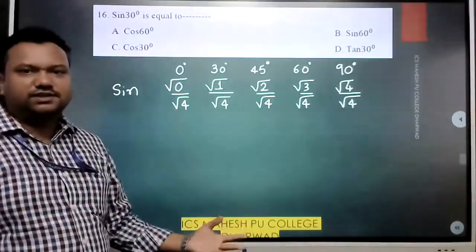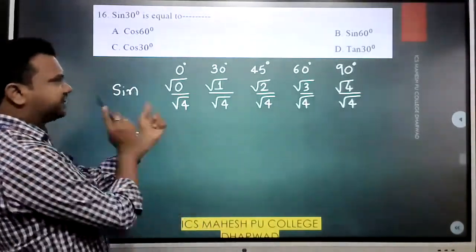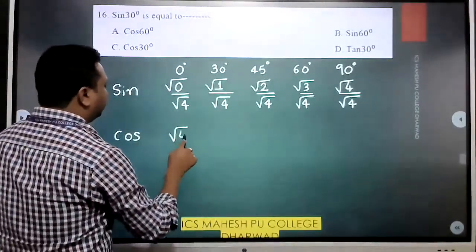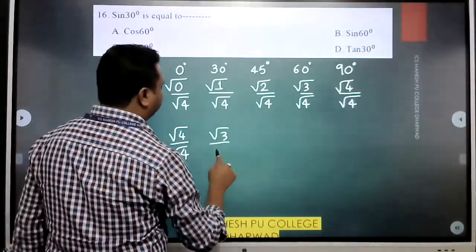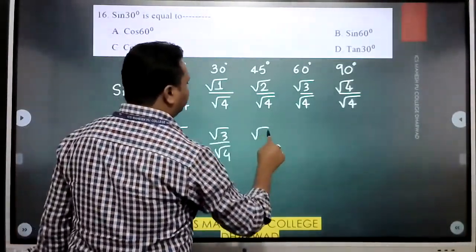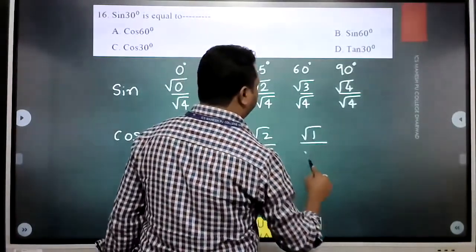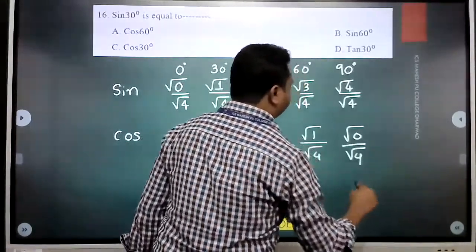Now, what is the interesting thing for the cos function? Just reverse all the values. I am writing here √4 by √4, √3 by √4, decreasing order, √2 by √4, √1 by √4, √0 by √4. That's so simple.